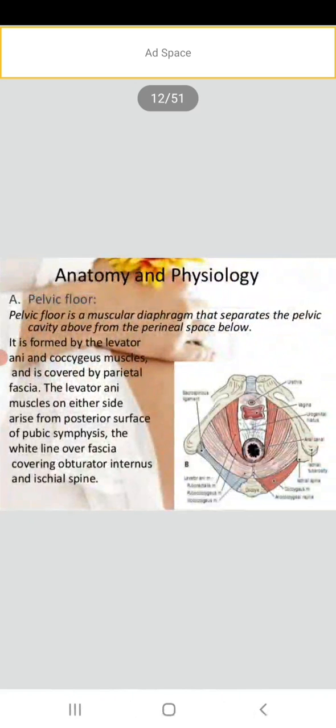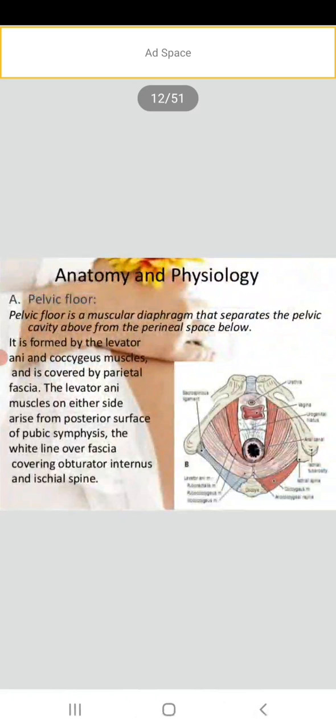Then coming to the perineal tear. Regarding the anatomy of the pelvic floor, you may have already studied the anatomy and physiology of the reproductive system in gynecology. Here I have given the pictures showing where the perineal tear occurs.